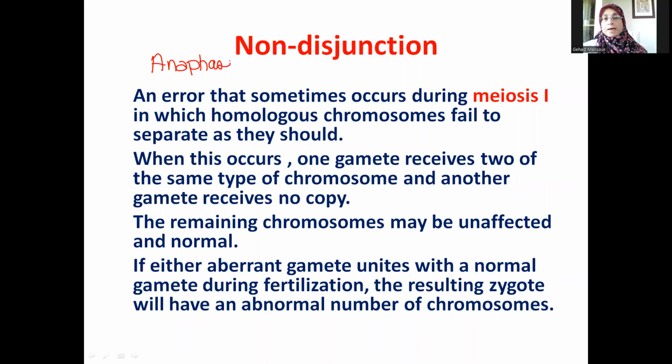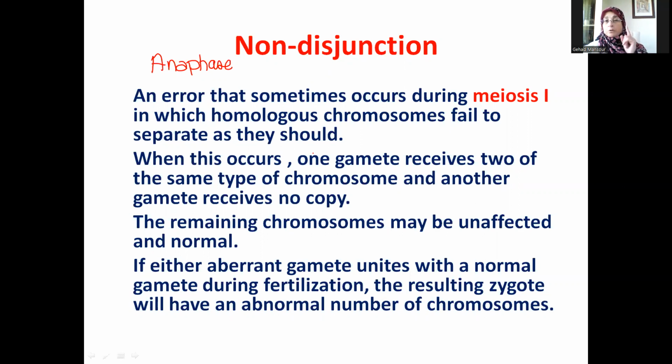So it can occur during anaphase of mitosis or anaphase 1 or anaphase 2, but it's very common during meiosis 1, where the homologous chromosomes fail to separate, as we saw on the diagram. So one gamete will receive the two homologous chromosomes together, whereas the other gamete will not receive any of the two chromosomes.